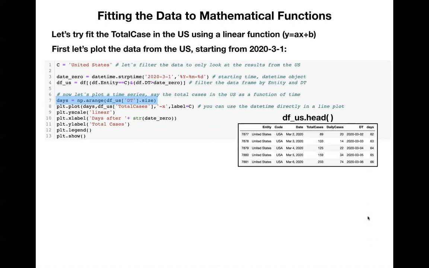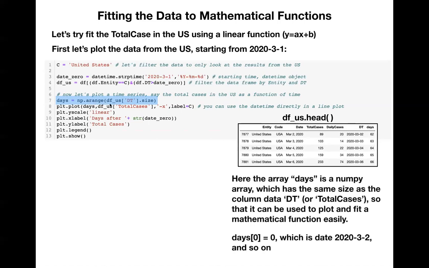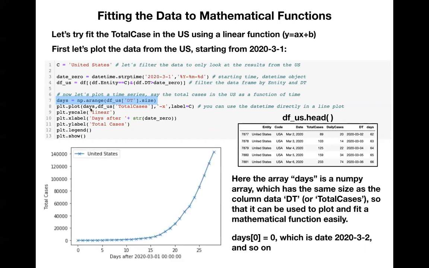Which is not so great. So let's say I create a new days array, which goes from 0 to the date right now. So it's df_US.dt.size, that's the length of the column, so it's from 0 to the column length minus 1. That's the same length as total cases. And if you do this, I can plot days as a function of df_US total cases, and you can see now the horizontal axis starts at 0.